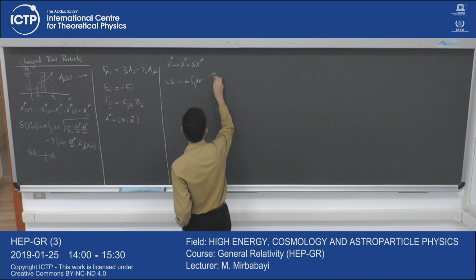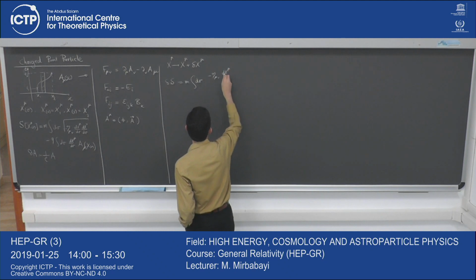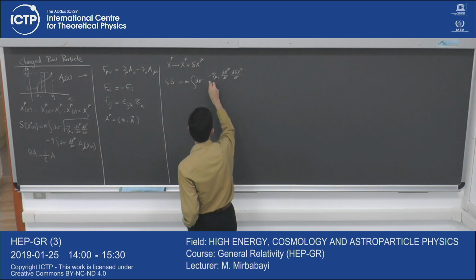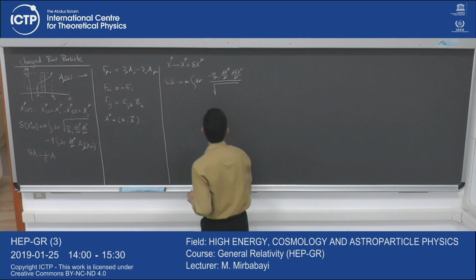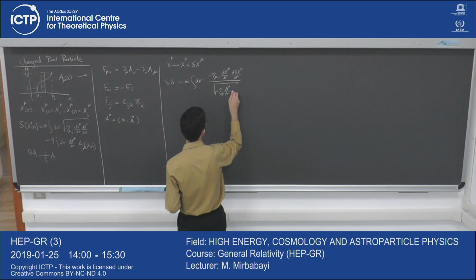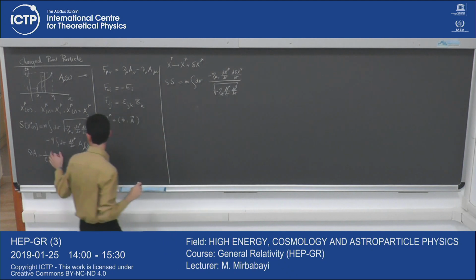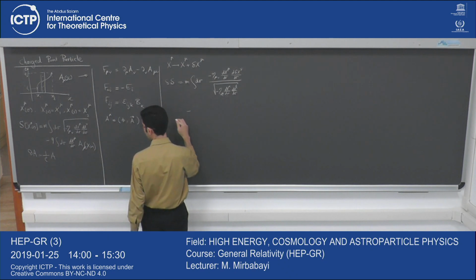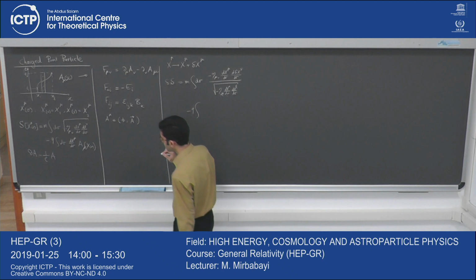There is minus eta mu nu dx mu d sigma d delta x mu d sigma divided by the square root of eta alpha beta dx alpha d sigma dx beta d sigma, and then here we have minus q integral.